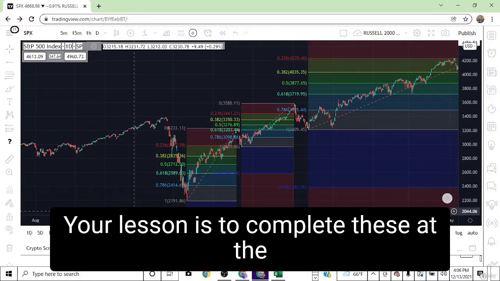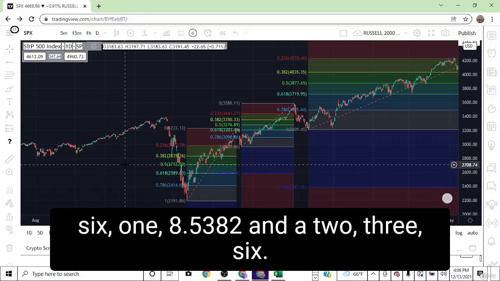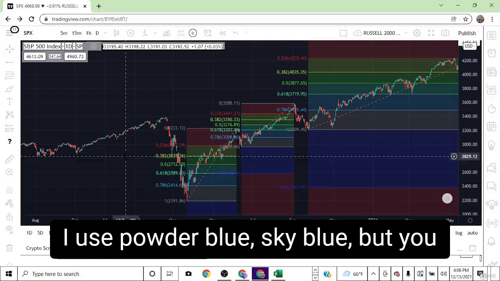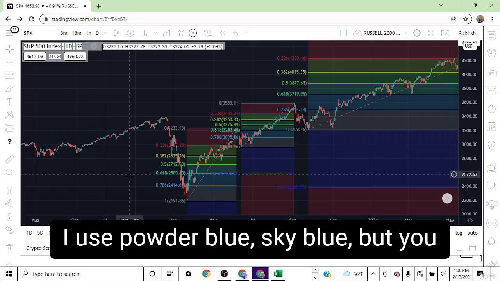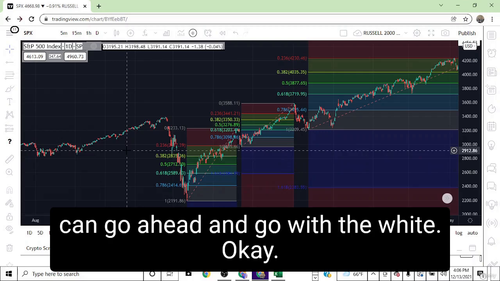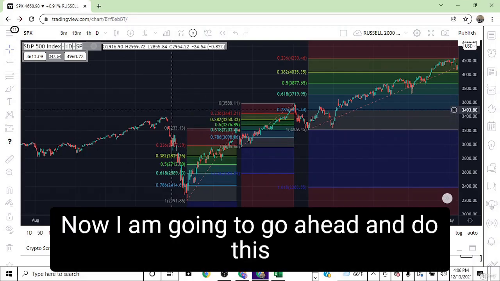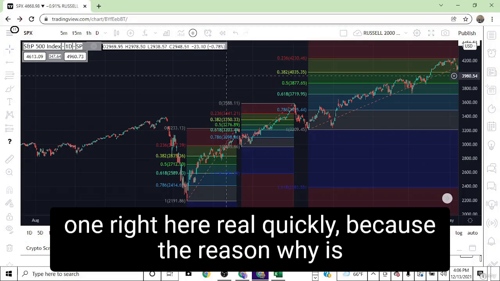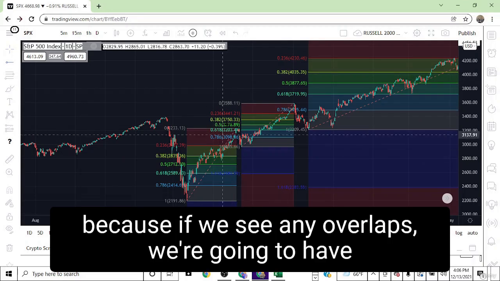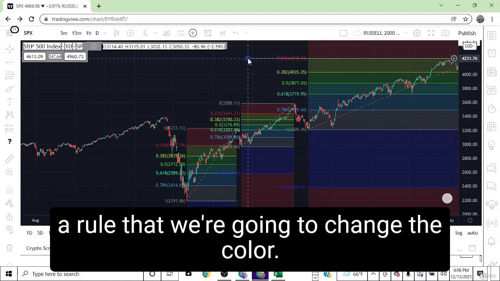Your lesson is to complete these at the 618, the 0.5, 382, and 236. I use powder blue, sky blue, but you can go with white. Now I am going to do this one real quickly, because if we see any overlaps, we have a rule that we change the color.